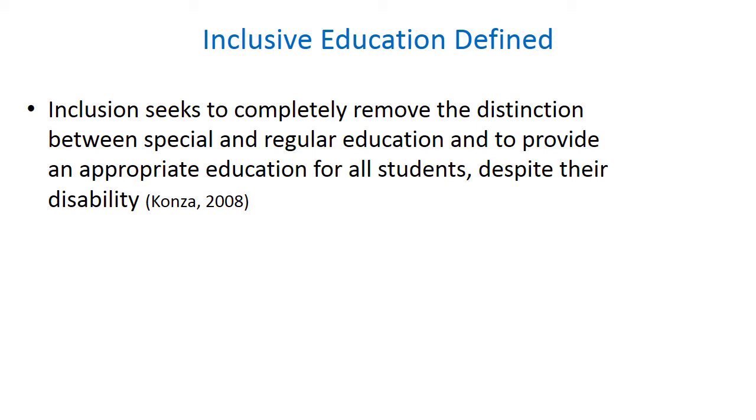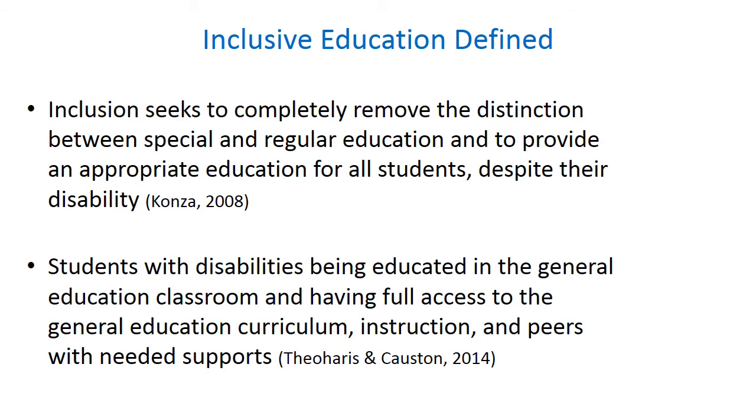Now, it's despite their disability, and I'd also like to add despite their location, because in my view special education is not a place, it's actually about the education we provide. I've heard some researchers claim that all education is special, and in a way it is. So we want to be thinking about inclusion in that way.